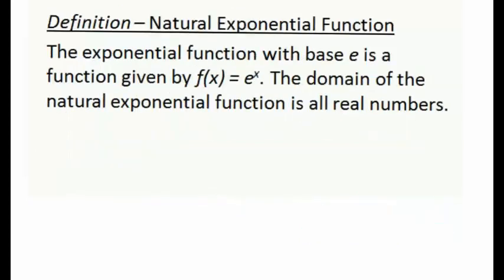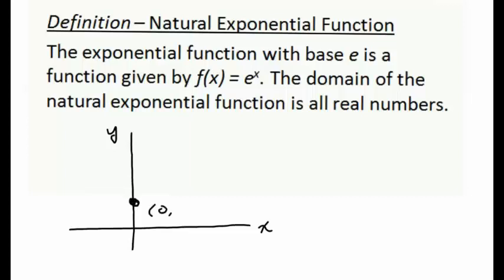This leads us to the following definition of the natural exponential function. Like we said on the last slide, if we decide to use the base e for our exponential function, we get the natural exponential function, which we call f(x) equals e to the x. Since e is a real number, when we substitute x equals 0 into this function, we're going to get the number 1.